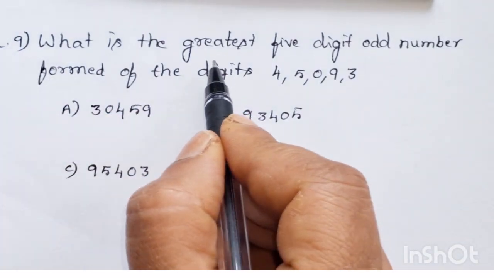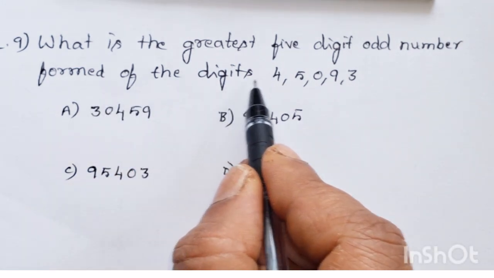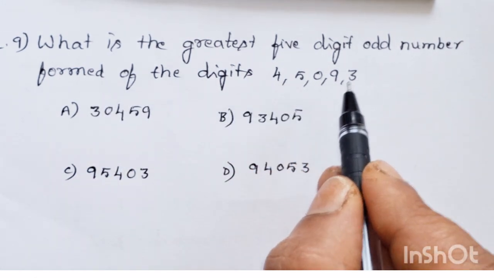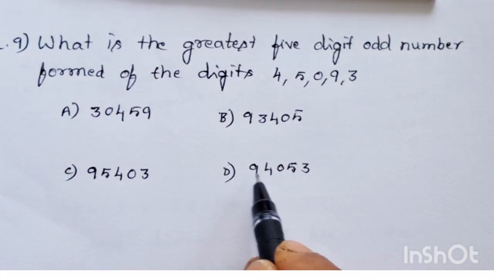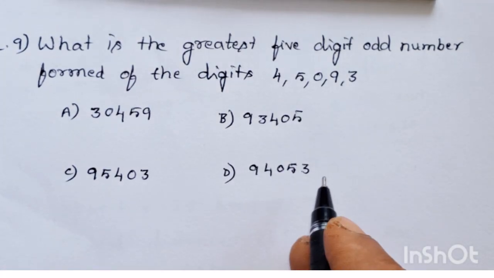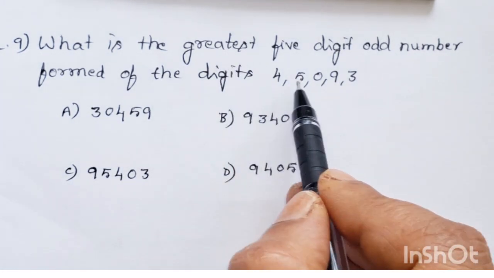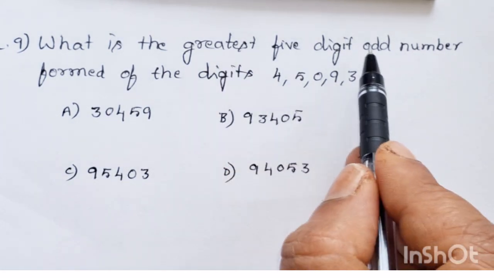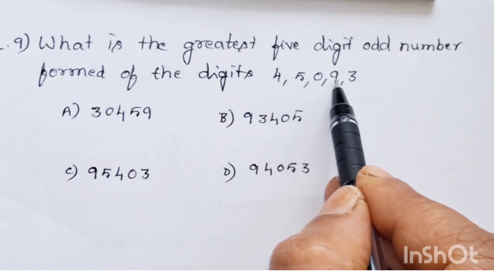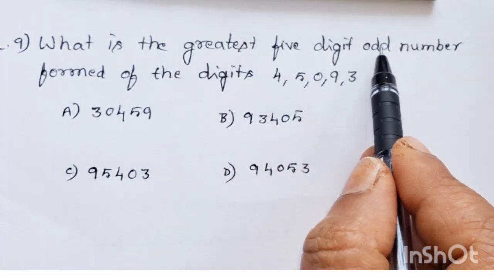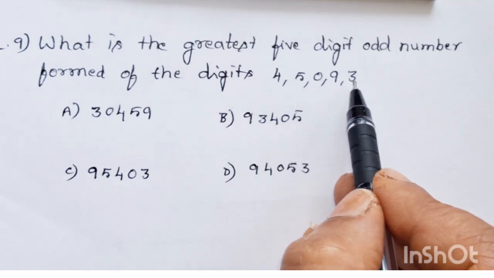Ninth question. What is the greatest 5-digit odd number formed of the digits 4, 5, 0, 9, 3? Options: 30459, 93405, 95403 and 94053. Here we must get the greatest and odd number. To be greatest, from the digits we must select the greatest number, that is 9.